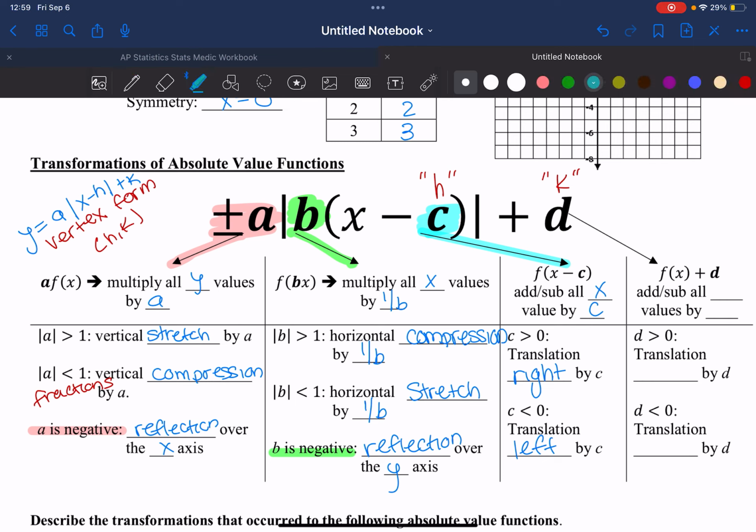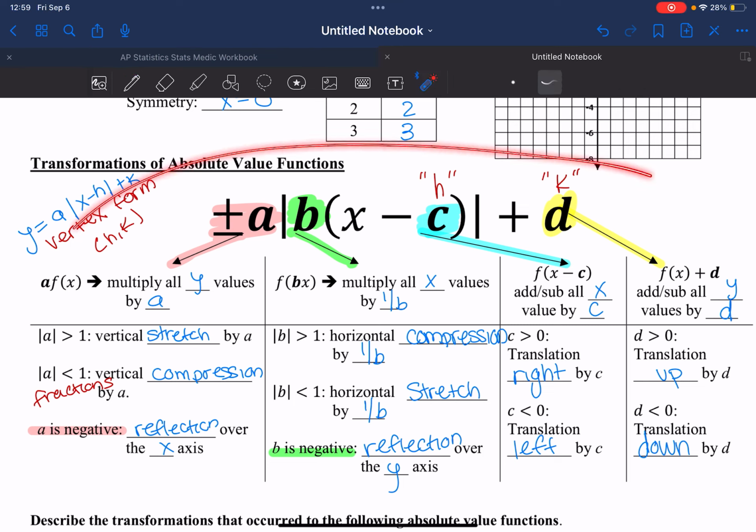And then lastly, d. This d value is going to add or subtract all the y values by the value d. So add or subtract depending on whether d is positive or negative. We will have a translation up by d if d is positive. It's greater than 0. If d is less than 0, then we'll have a translation down by the value d.